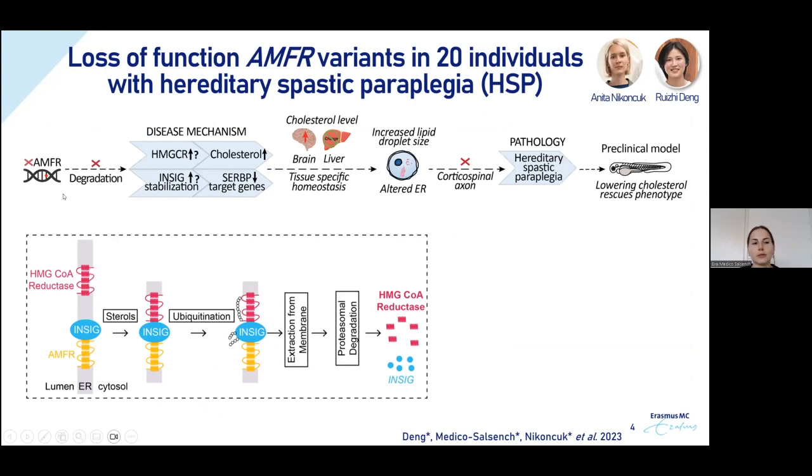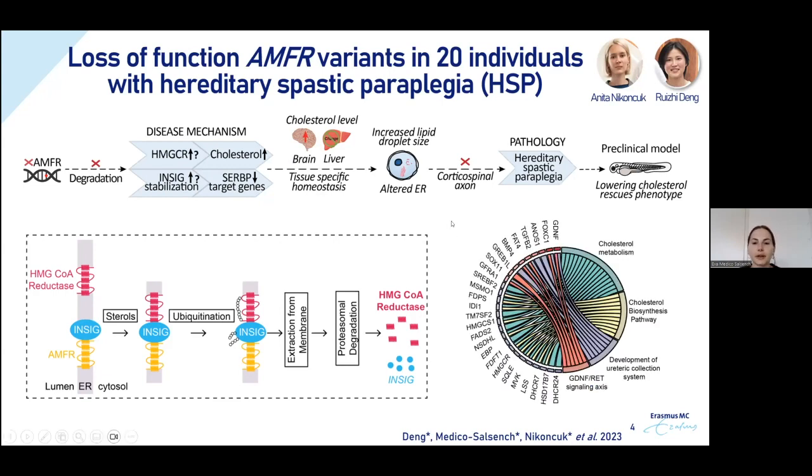In our case, we know from our in vitro studies that the absence of AMFR leads to the stabilization of the INSIG protein, and therefore the downregulation of the SREBP target genes. Additionally, it also stabilizes HMGCR, leading to the upregulation of cholesterol. And now we know that this cholesterol balance is in a tissue-specific manner. And in our patients, it is upregulated also in the brain.